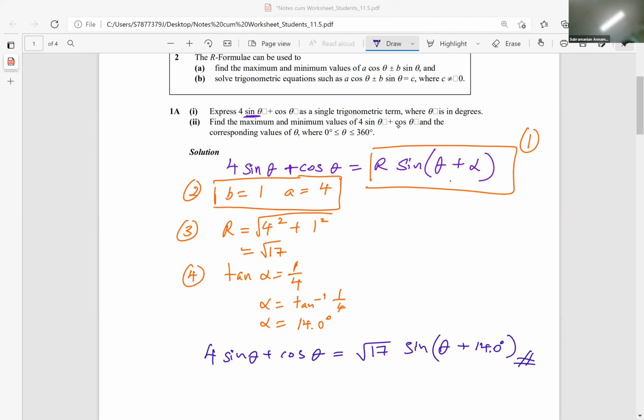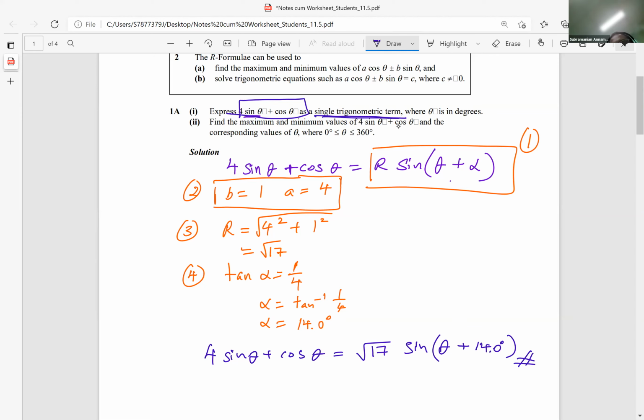Okay, let me repeat again. Do you know what we are doing here? We are converting this into a single trigonometric term using the addition formula. That is the whole idea of the R formula. Of course, there's some application part to it, but this is how we convert.